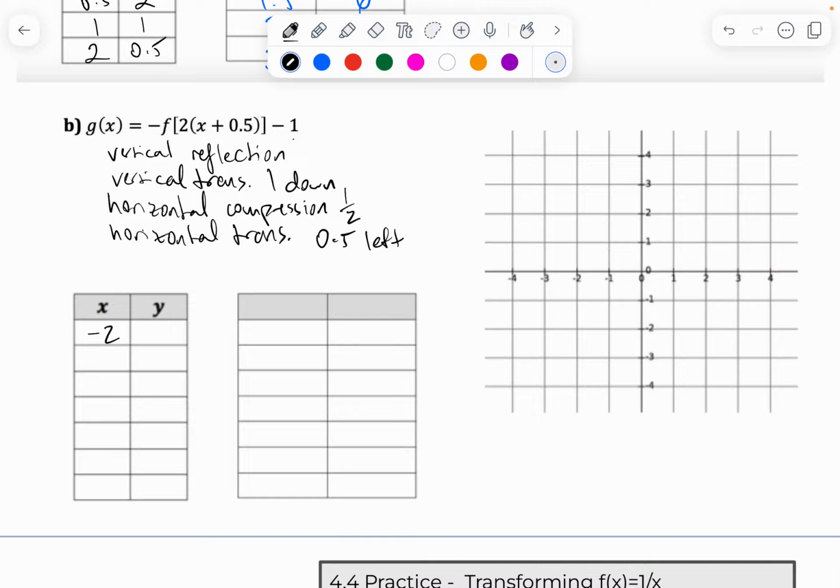This is our old one. 2, -1/2; -1, -1; -1/2, 2. 0 is the asymptote, and then positives. Okay, and I'll plot that as well.